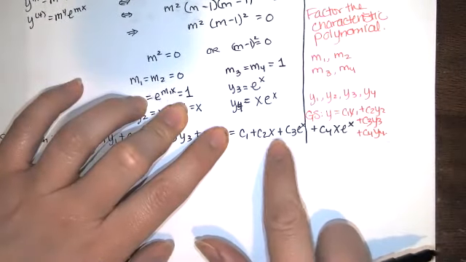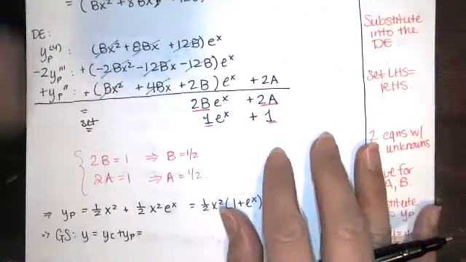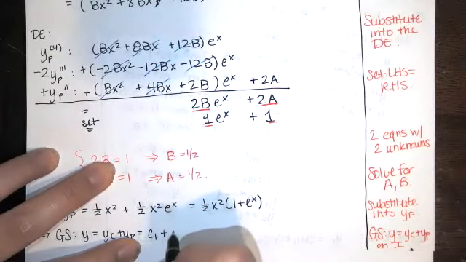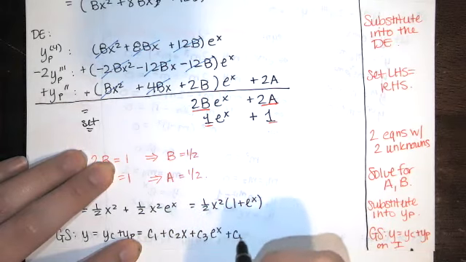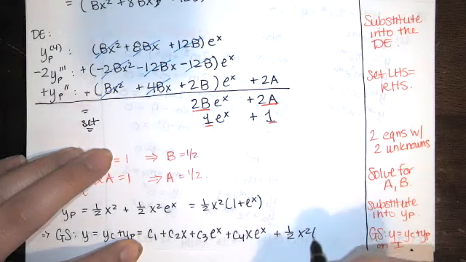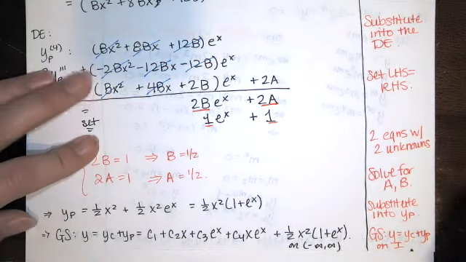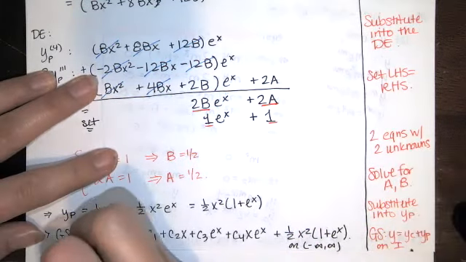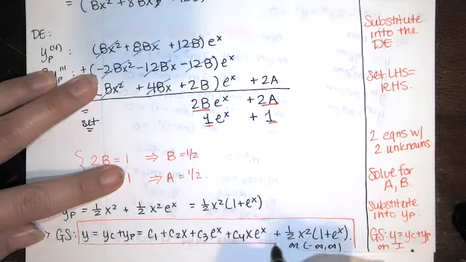C1 plus C2x plus C3 e to the x plus C4 x e to the x. Plus y sub p, which is this. And this will work for all real numbers. And that's it.